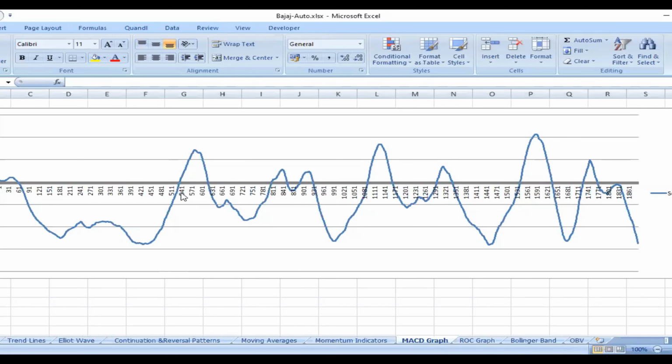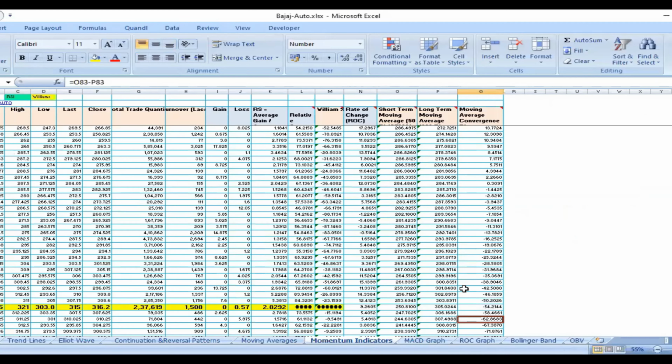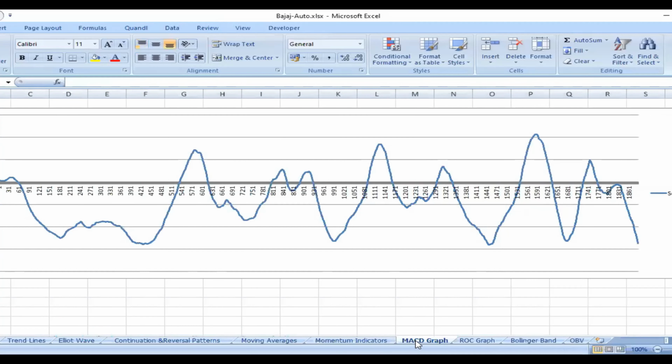If you look at the buy and sell signals, you would see that you were making good money if you were just entering here and exiting here, entering here and probably exiting here, and so on, right? That is something you can have a look at yourself. But this is an intensive exercise. I would like to give it to you as homework, and then we can always have a look.